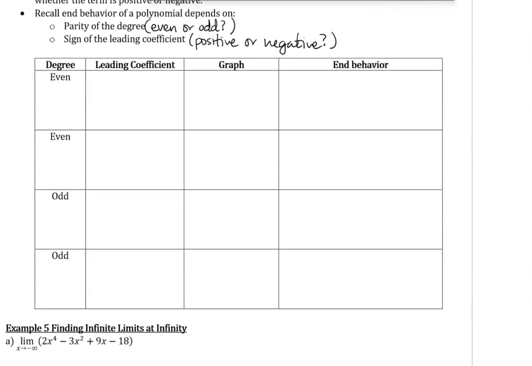So let's say that we have an even degree with a leading coefficient that is positive. Well, that is something like x squared, which we know looks like this. And we can see on the graph of x squared that as x goes to positive infinity, as x increases without bound, and I'm just going to write f of x here to keep this general.